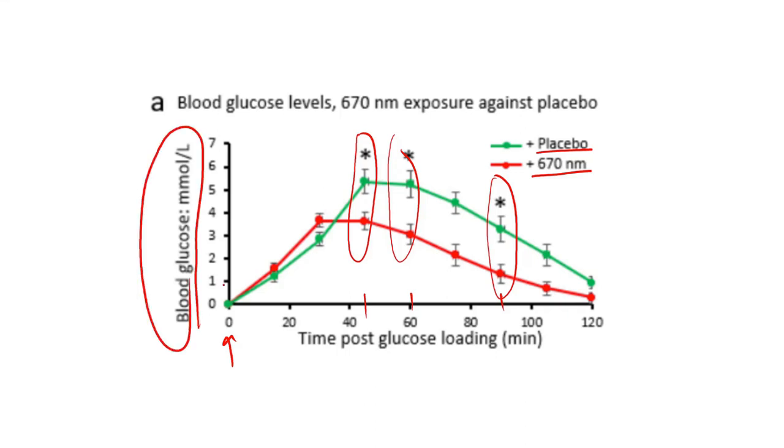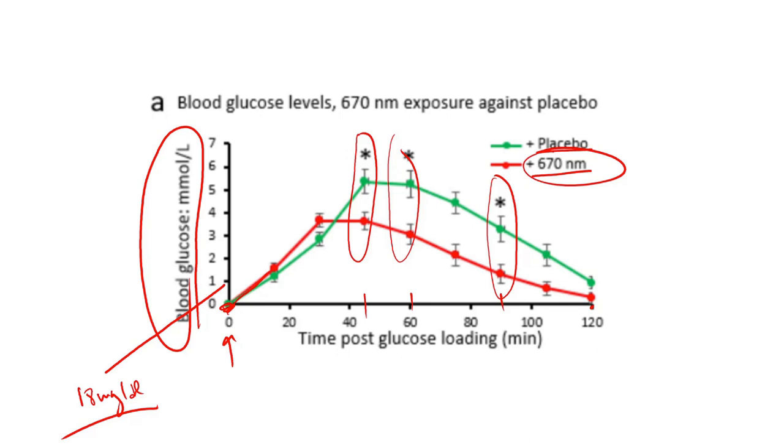And remember that each point here is about 18 milligrams per deciliter. This is the European system, so just multiply. This is above the baseline. Notice how much above the baseline the blood sugar went for the placebo in green, and how much lower it was just being exposed to light.